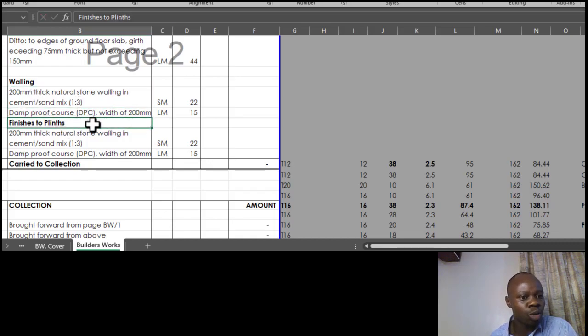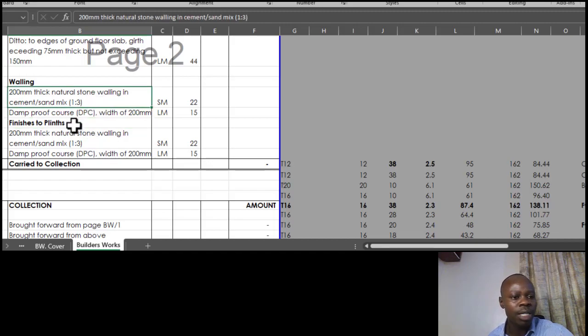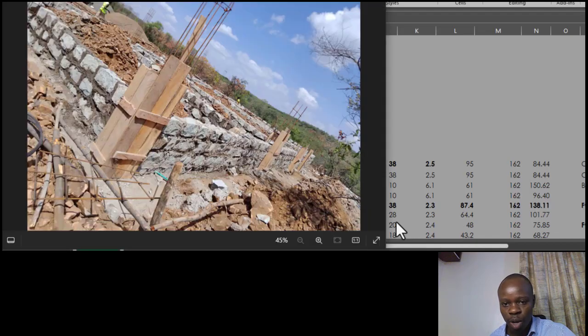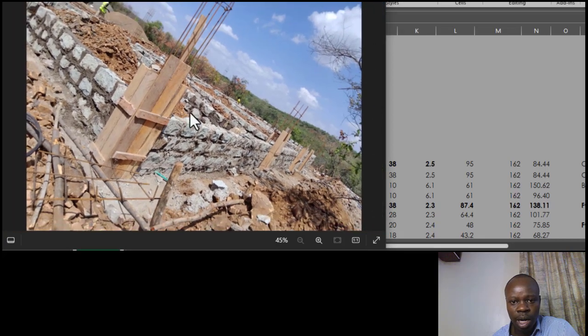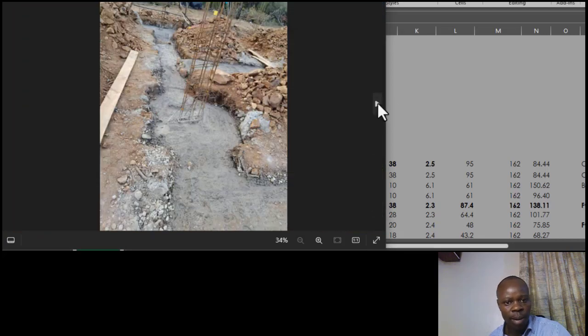This basically should be coming under the finishes, which is a different element altogether, but it's normally done together with the substructure works, assuming that you've done everything associated with the substructures complete, including the finishes to the plinths. But somebody will be asking what plinths are. That's why I also have to show, using an illustration, what the plinths basically mean.